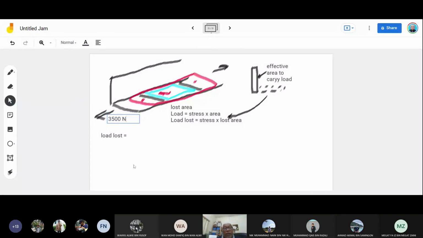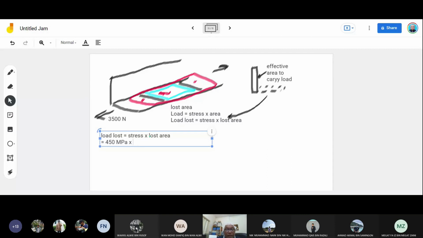Then we have loss of load. So what we do here, we have to look for the stress times the loss area. So we have stress, remember 405 megapascal, we use that. This is tension.